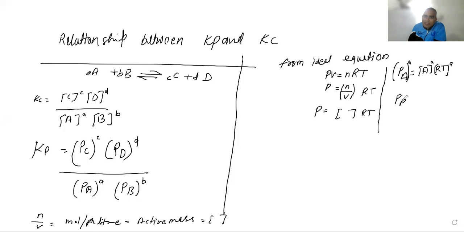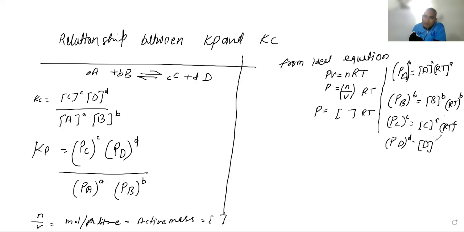If I am writing PB, the power is b, so in the bracket it is going to be B and RT in the bracket it is going to be b. PC, power c, so you can write C in the square bracket, RT in bracket it is going to be c. If you are writing PD, power d, we can write D in the square bracket, and RT with small d.